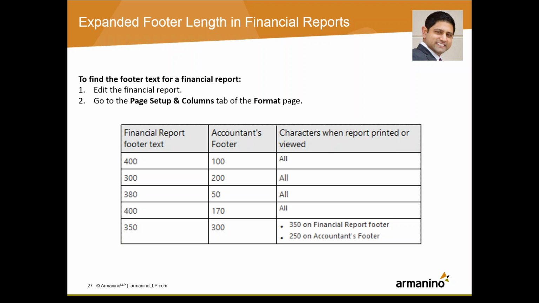I know it's hard to envision the characters, just like in the dashboard components where it asks you, do you want to expand the pixel count for your components? It's hard to give you an exact example of how many pixels you should use. You're kind of eyeballing it, right? So same idea with regards to the footer. If you're making changes to that footer length, just preview the report in PDF. You can see in real time what the character length is, and then you can make updates there.